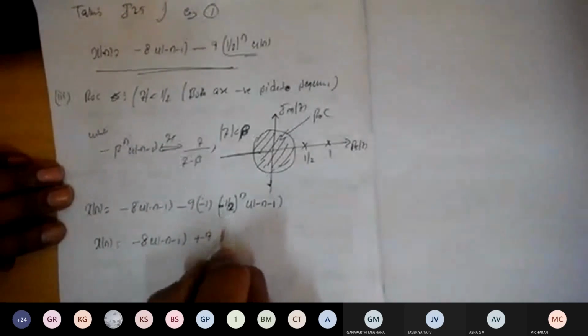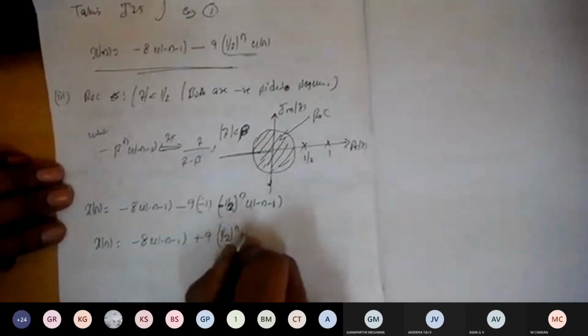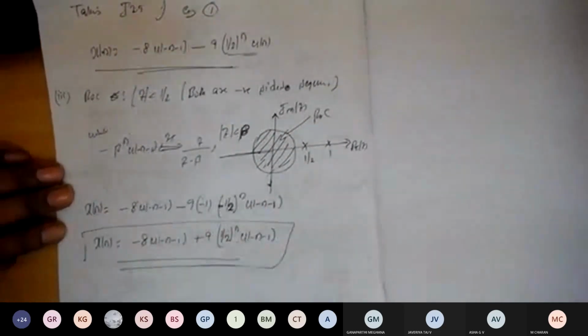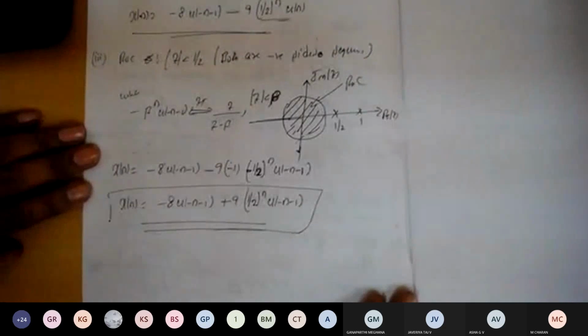Minus into minus gives plus, so this becomes minus 8 into u of minus n minus 1 plus 9 into 1 by 2 to the power of n into u of minus n minus 1. This is for the sequence that is negative sided on both parts.